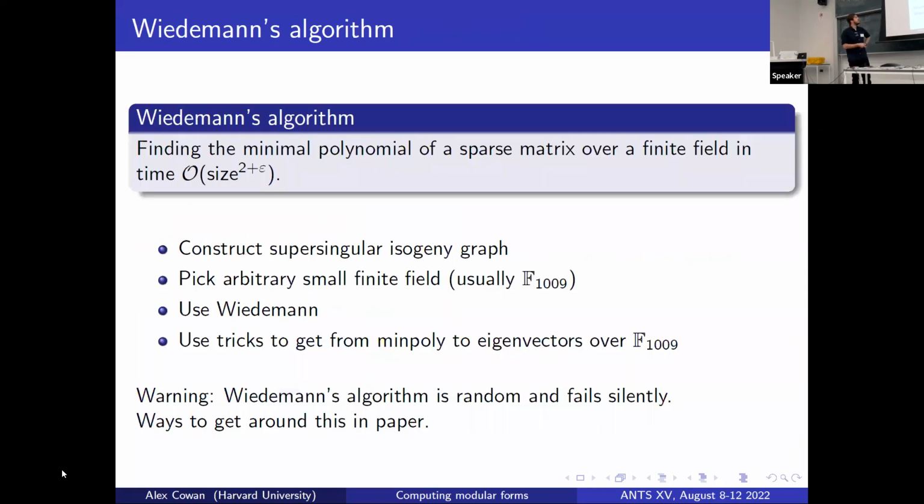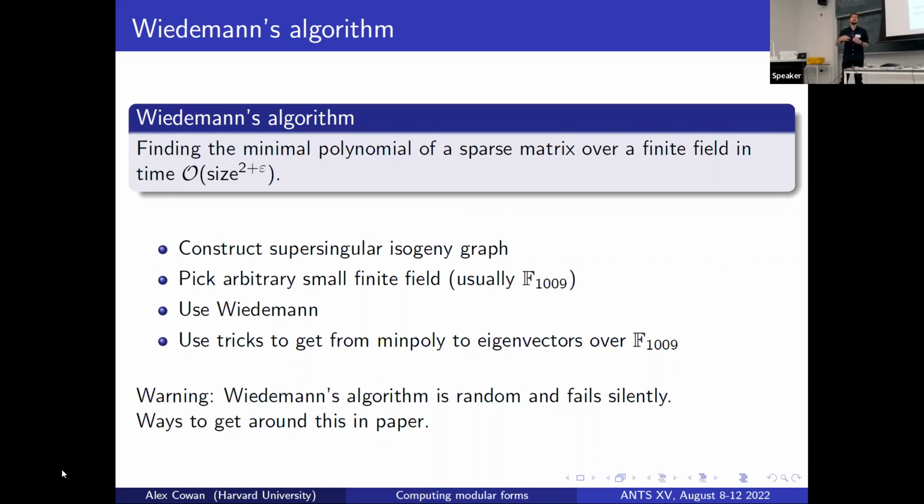So Wiedemann's algorithm has some caveats for our use. The first caveat is that we need a sparse matrix. That's no problem. Our matrix is already sparse. The second caveat is that we have to work over a finite field. And Mestre's formula isn't over a finite field, it's characteristic zero.